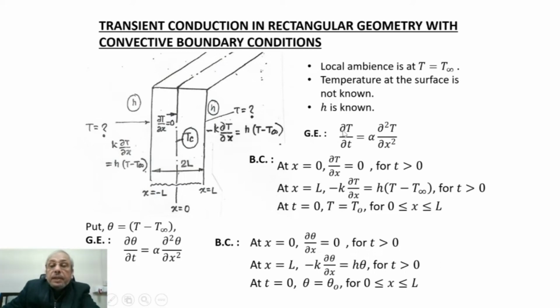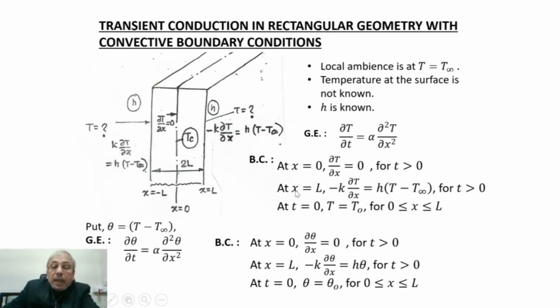That means del T del t equals alpha del squared T del x squared, and the boundary conditions are, since we can see symmetry about the midplane of this geometry, at x equal to 0, del T del x equals 0 for t greater than 0.